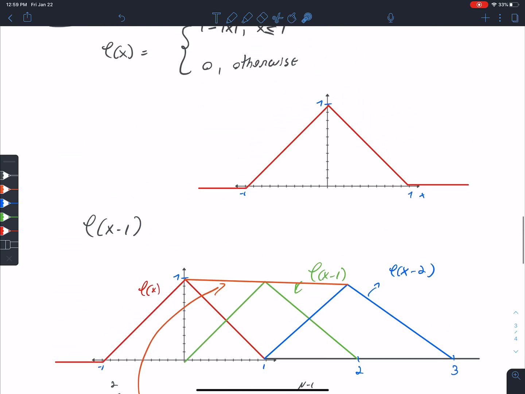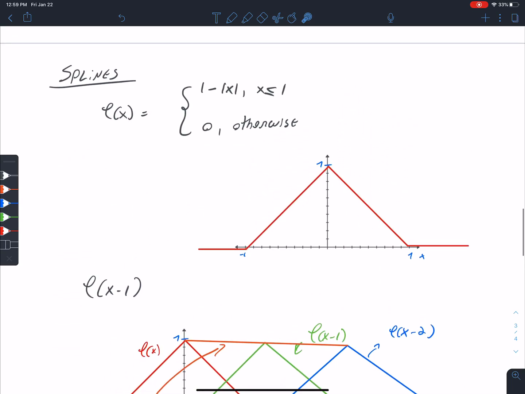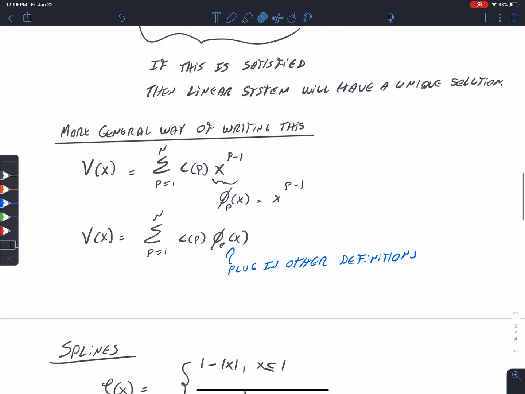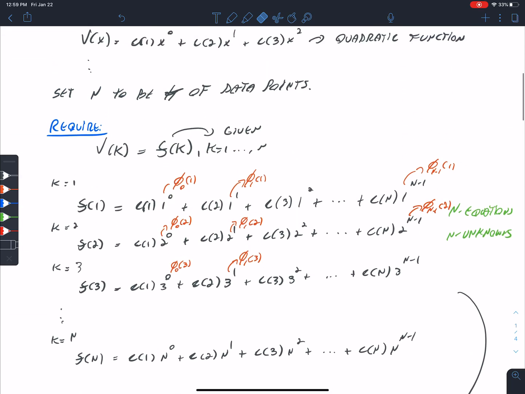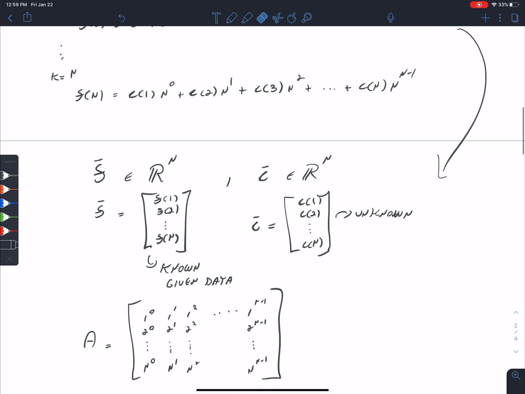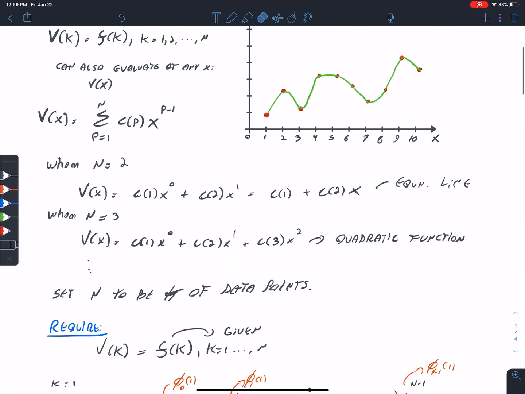We seek a new definition for this phi function, and we simply plug it into our model given over here. This is our original model, and all we do here is plug in phi, in this case phi p minus 1 of x.